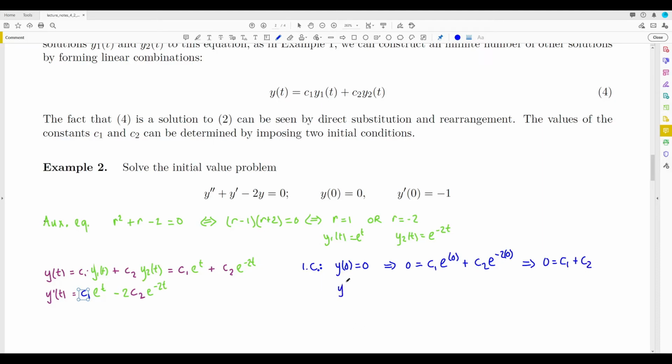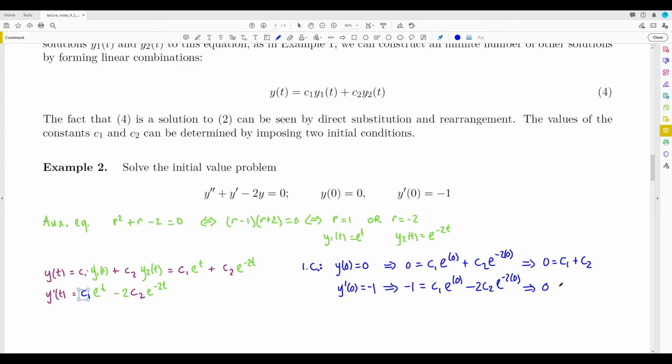The other initial condition is that y prime of 0 equals negative 1. So that leads to negative 1 equals, and now let's plug in 0 here. We get c1 e to the power 0, and then minus 2 times c2 e to the power negative 2 times 0.